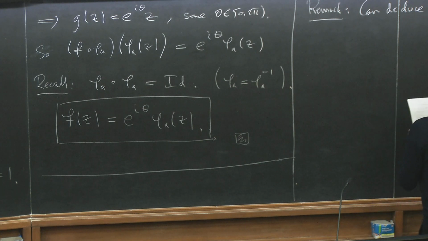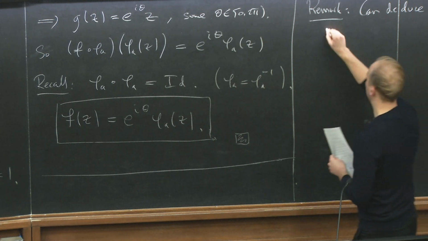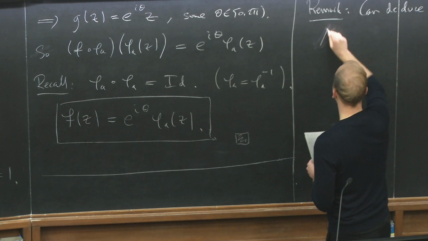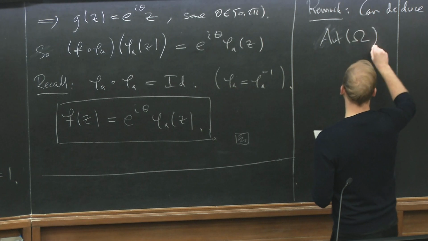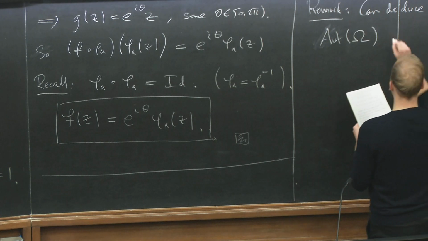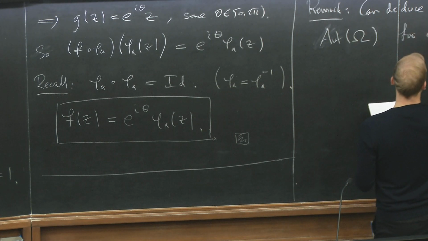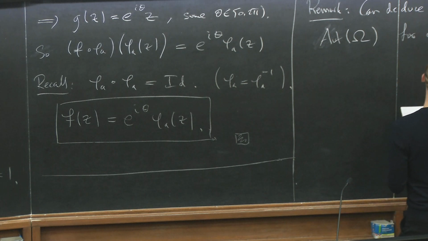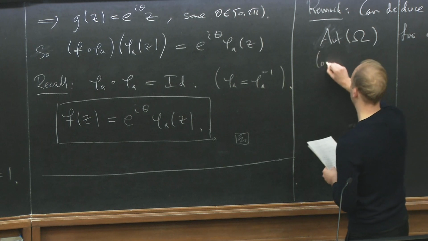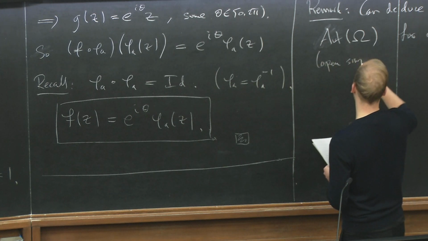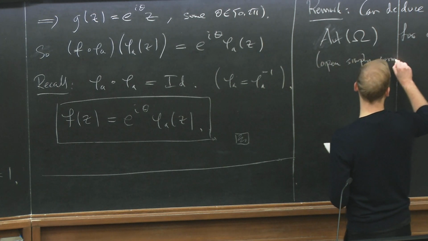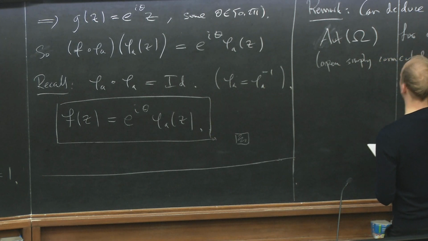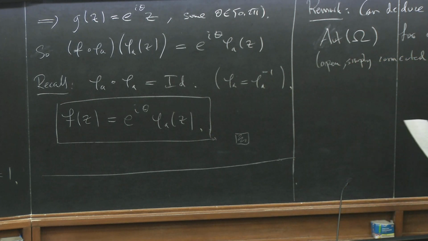So we can deduce similar results for the automorphism group of, let's say, omega, also for other domains omega, which at least have to be open and simply connected, have no holes, morally speaking.